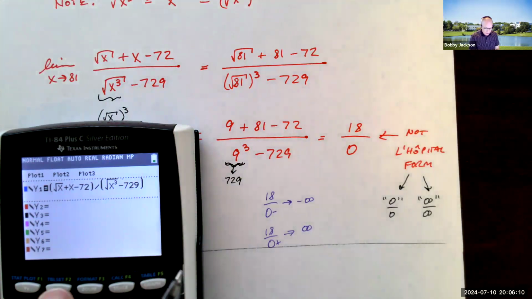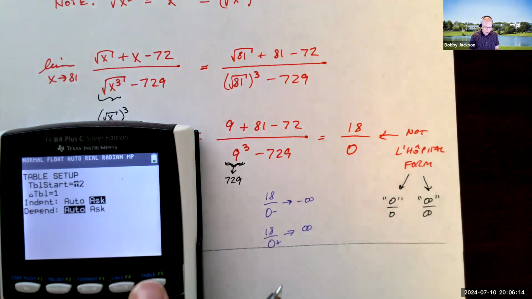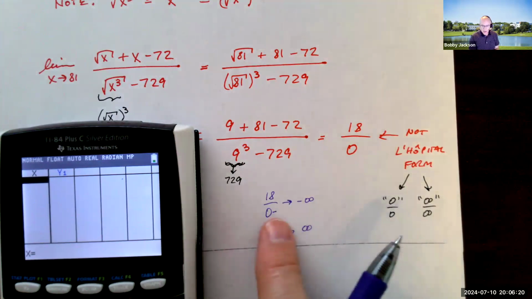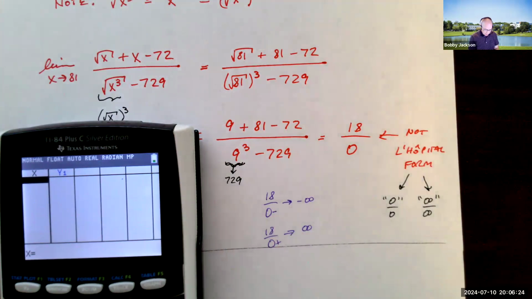And then my table is set up to ask mode for the independent variable. And I come over here, let's get close to 81 from below, from the negative side, where I said the limit was negative infinity. So what's something below 81? How about 80.5? 80 and a half is below 81. Can we get closer? Yeah, 80.9 is closer to 81.